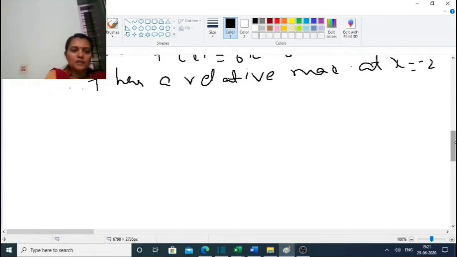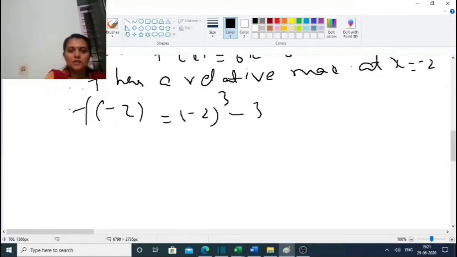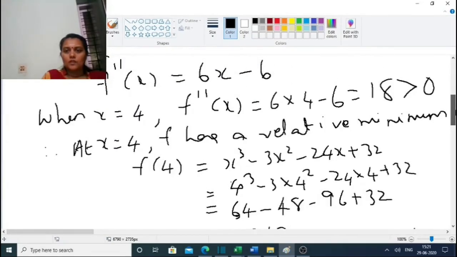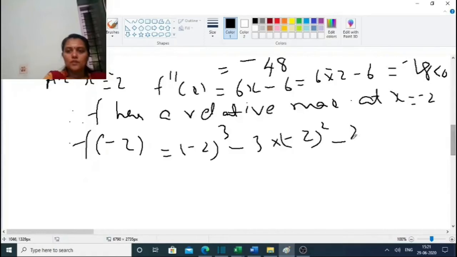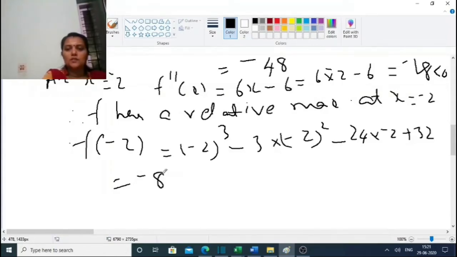And the maximum value is f of minus 2 equal to minus 2 all cube minus 3 into minus 2 all square minus 24 into minus 2 plus 32, which is equal to minus 8 minus 3 into 4, minus 12, plus 24 into 2, 48, plus 32.